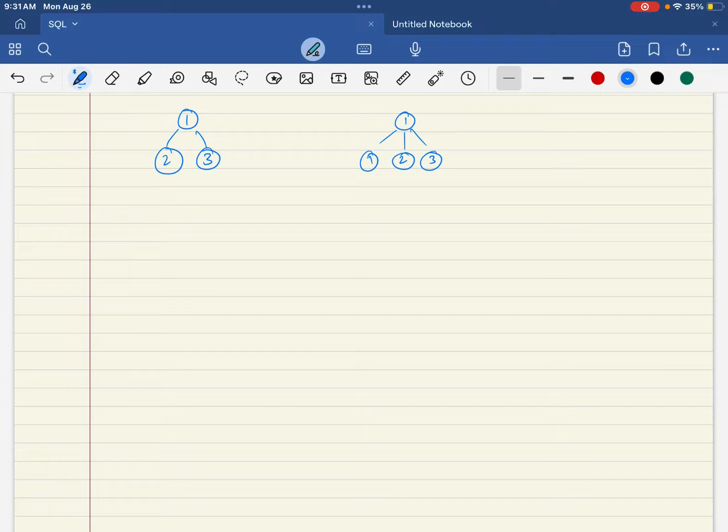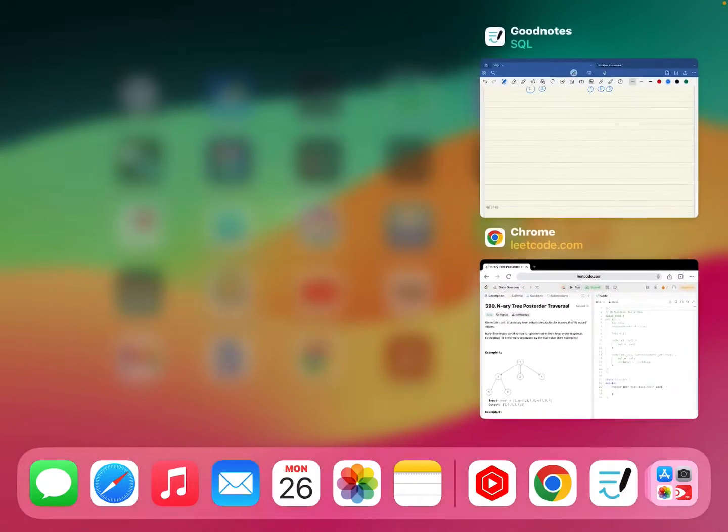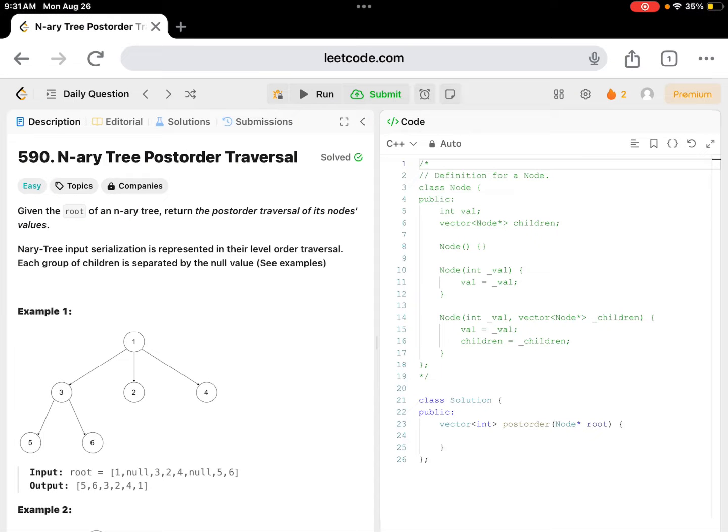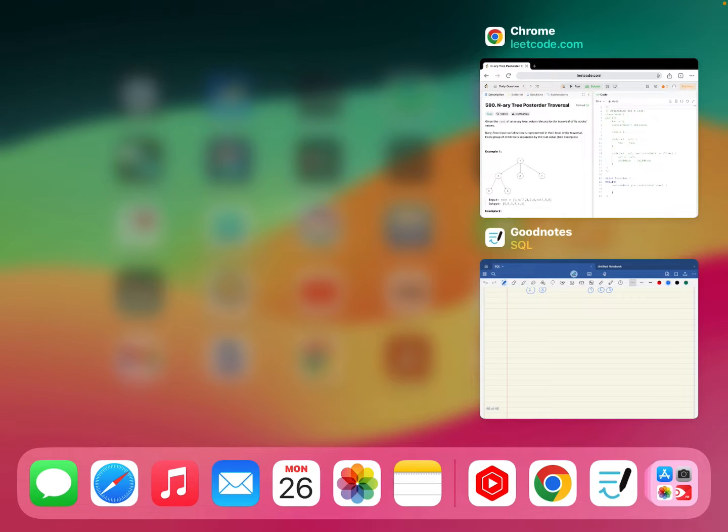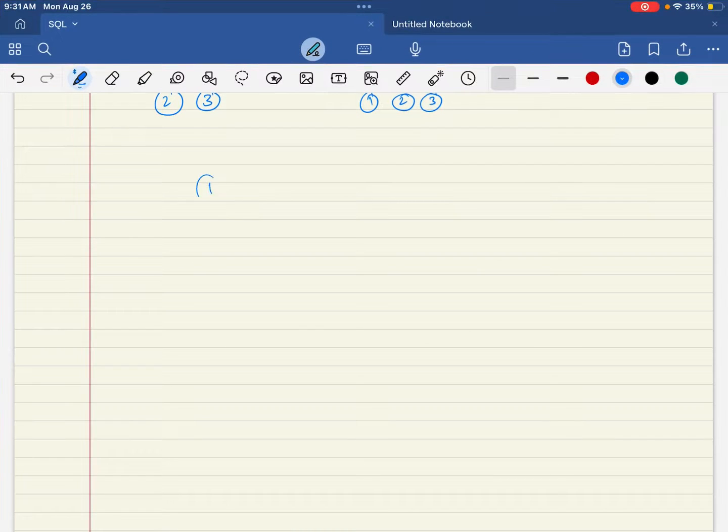So there will be a slight difference in the structure of this node, as shown in this structure: the node has one value, which is val, and the other is children, which is an array of nodes. So I suppose this is how it looks.